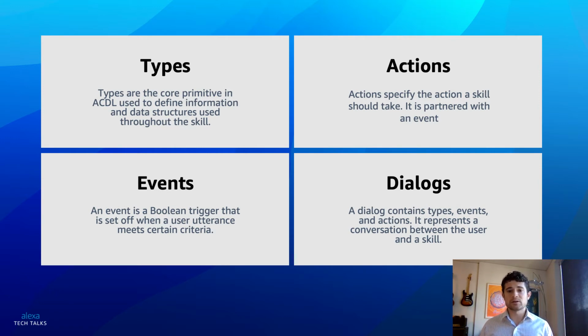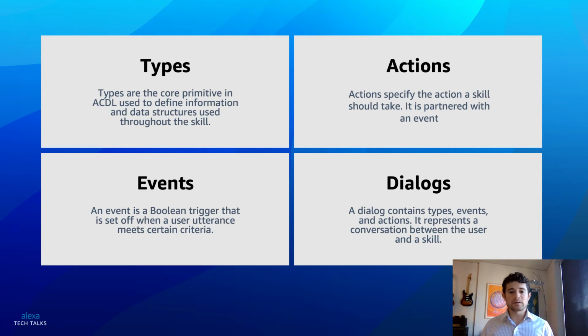The third type of keyword or artifact that we define in ACDL skills is actions. Actions are always triggered by events, so they're paired together. Actions are where we define what API handler is going to be invoked when the action is triggered by an event, and also how to respond to a given event within the context of an ongoing dialogue.